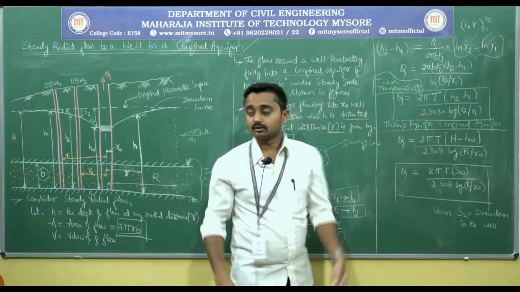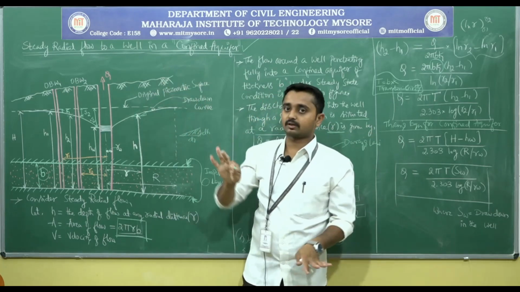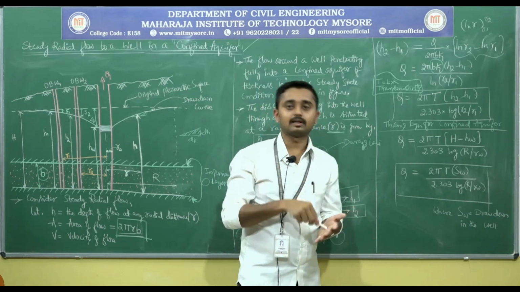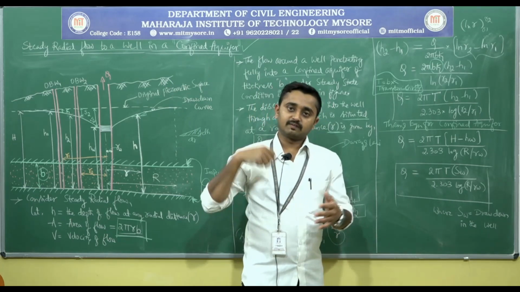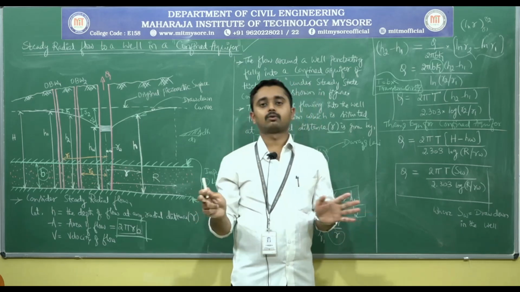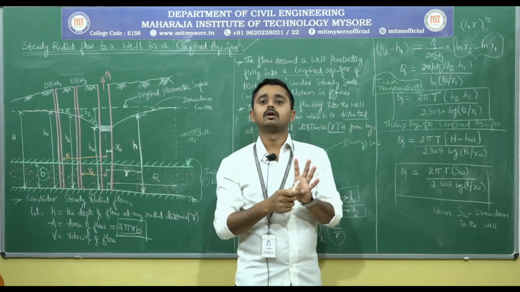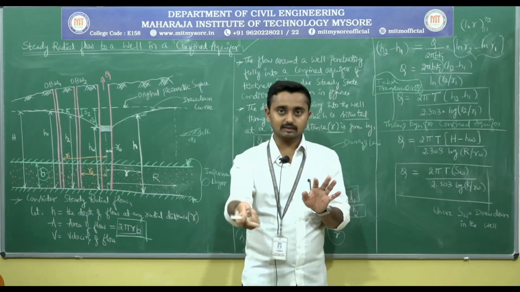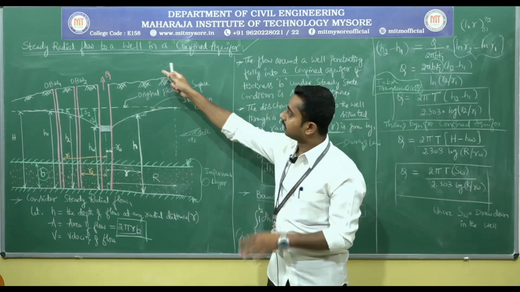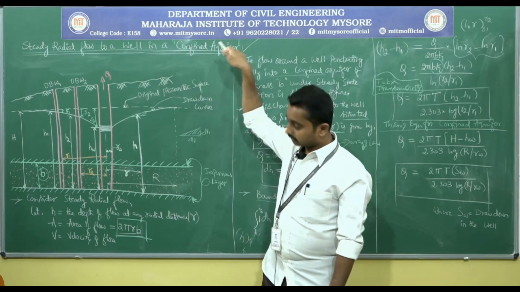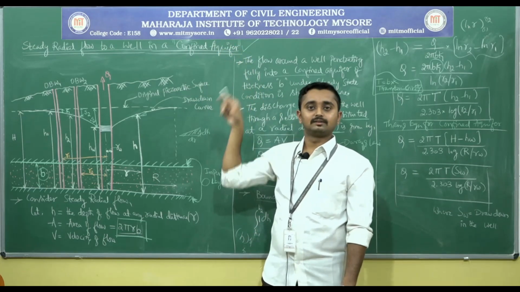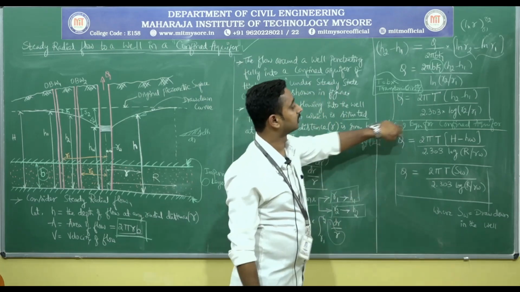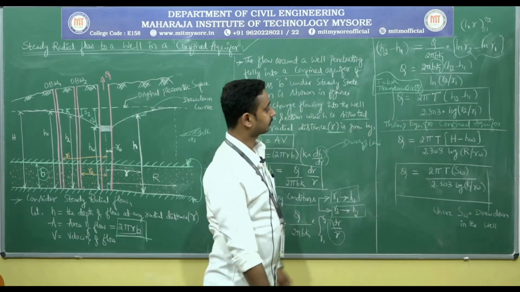The previous one is steady radial flow for an unconfined aquifer, nothing but Thiem's equation for unconfined aquifer. This is steady radial flow in a confined aquifer, nothing but Thiem's equation for confined aquifer.